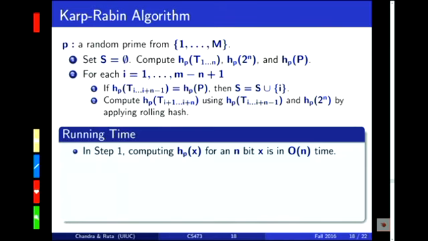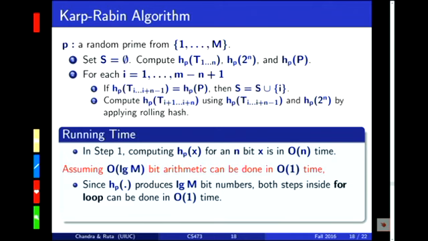So in the first step, we are doing 3 hashes of n-bit strings. So that's order n. It's actually order 3n, which is order n. Then in each for loop, suppose I can do log m bit arithmetic in order 1 time.